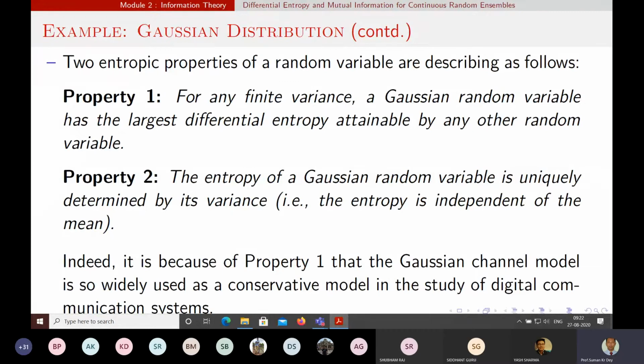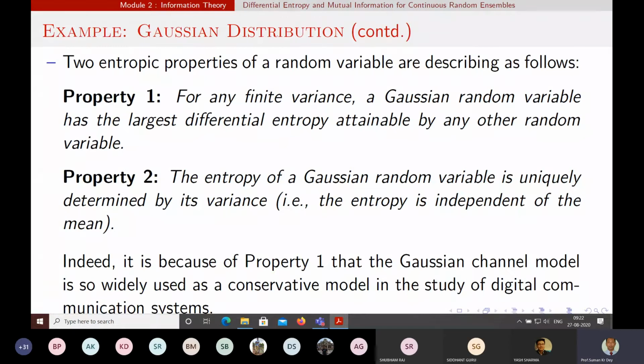Okay. So we will always get the higher or largest differential entropy for the Gaussian distribution compared to other random distributions. And the second point is that entropy of a Gaussian random variable is uniquely determined by the variance.